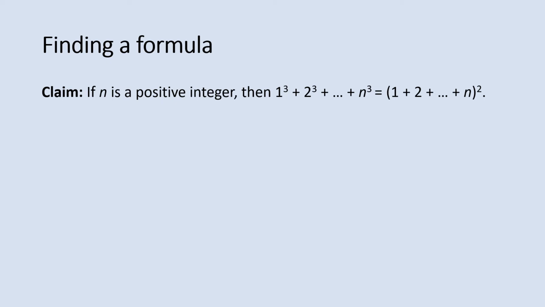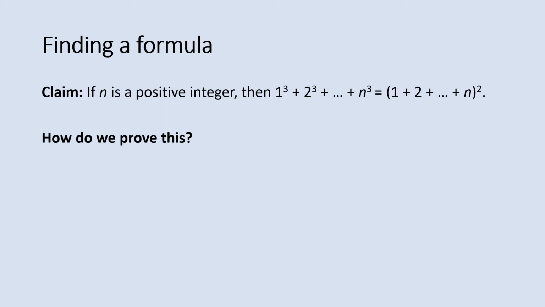And so adding up the values 1 cubed plus 2 cubed all the way up to n cubed, based on 3 examples which may or may not be accurate, and may or may not carry on, we are guessing that that value is 1 plus 2 plus all the way up to n, and then square that answer. And so how would we go about proving this? Well, to prove a claim like this, again, it seems reasonable to consider a proof by induction, where we start with the base case.